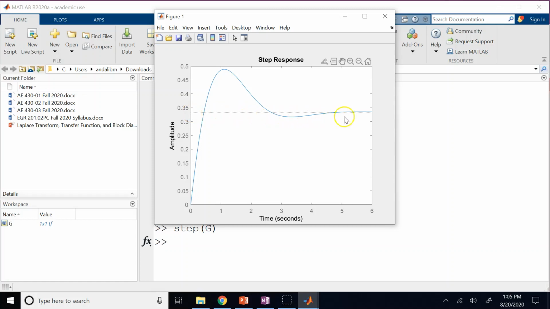So my output does not grow unbounded. Even if I plot this for a lot more time, instead of 6 seconds, I can still see that the output is not going to go unbounded. It is going to converge at a finite number and stay there.